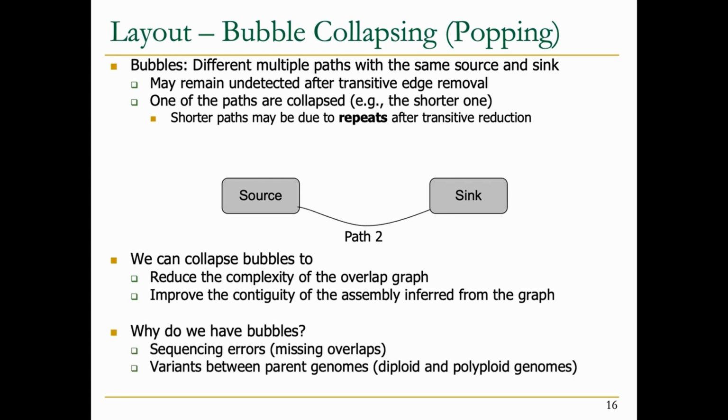So why do we have bubbles? Of course, there are multiple reasons for it. One reason is sequencing errors, where we may be missing some of the overlaps between reads, and that may be creating a redundant connection between other nodes that would have been solved with additional, more informative overlaps.